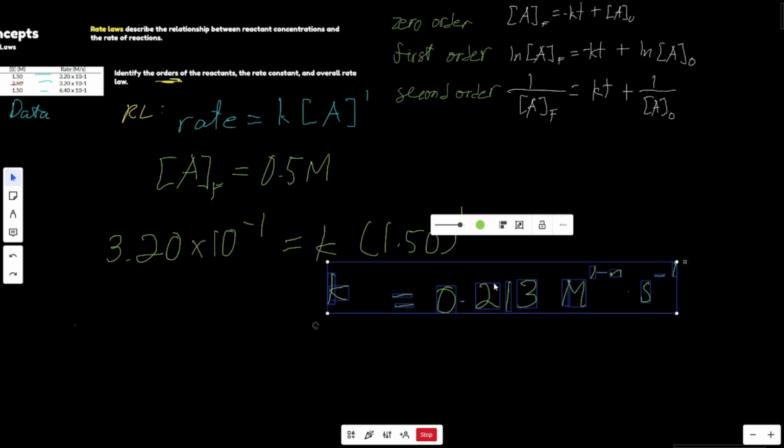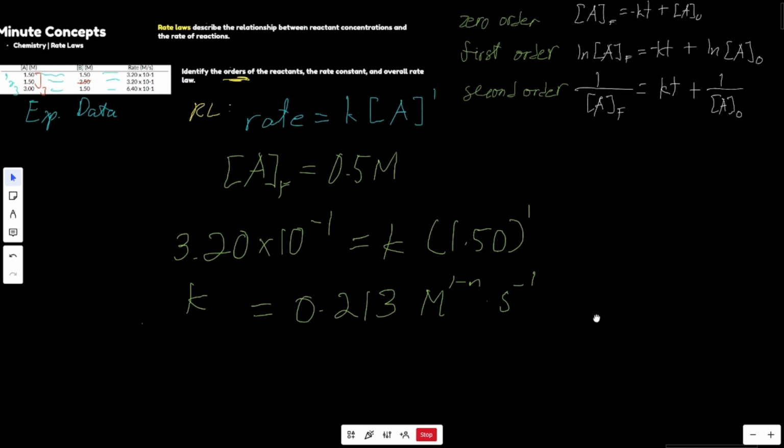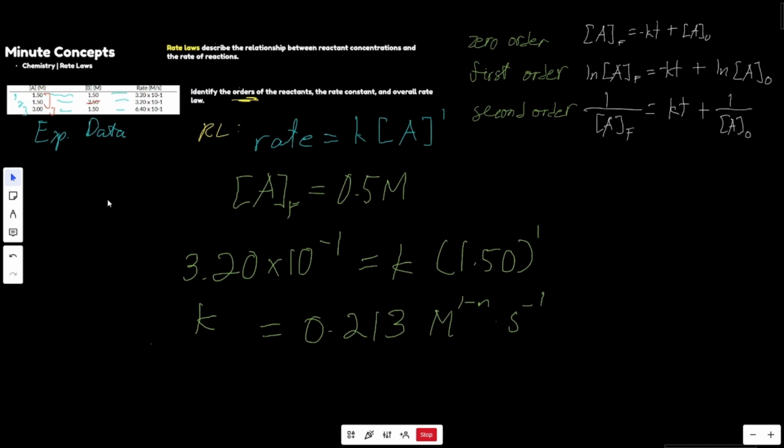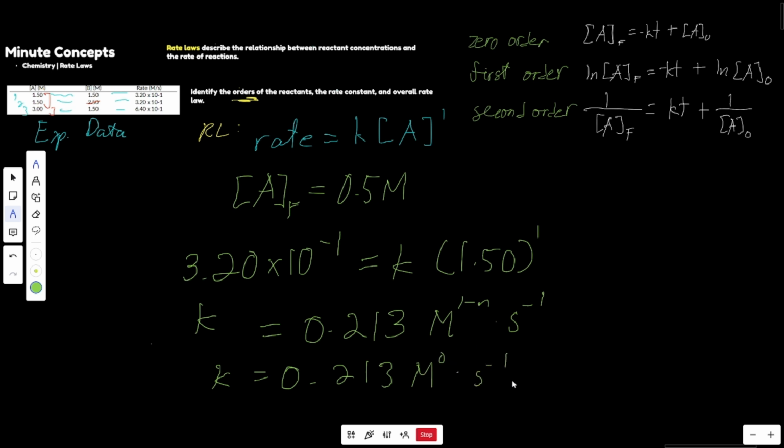So our final unit would be 0.213 M to the power of 1 minus 1, which is 0, times s to the power of negative 1. This means our final answer for our rate constant is 0.213 per second.